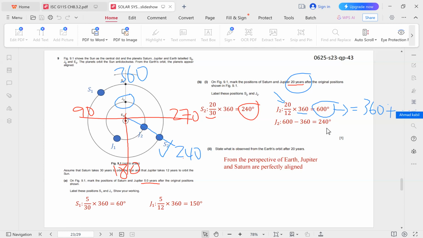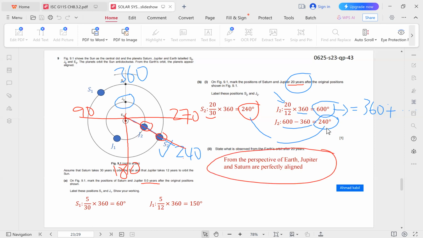So all we have to do is subtract 600 minus 360. We get 240. So of course, since both of them are 240, they must be aligned. So we had to draw the 2 circles here on the same line from the perspective of the Earth. State what is observed from the Earth's orbit after 20 years. That's what we were just explaining, that Jupiter and Saturn must be perfectly aligned.